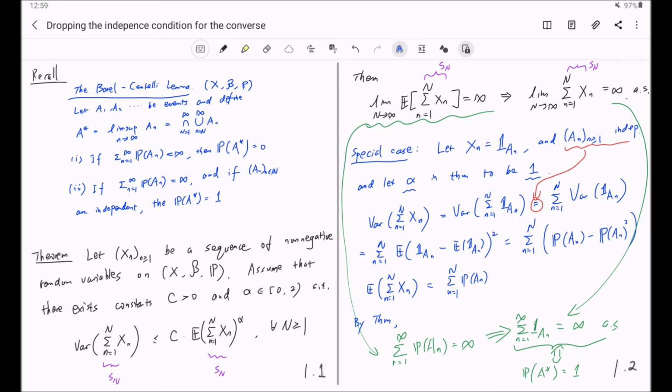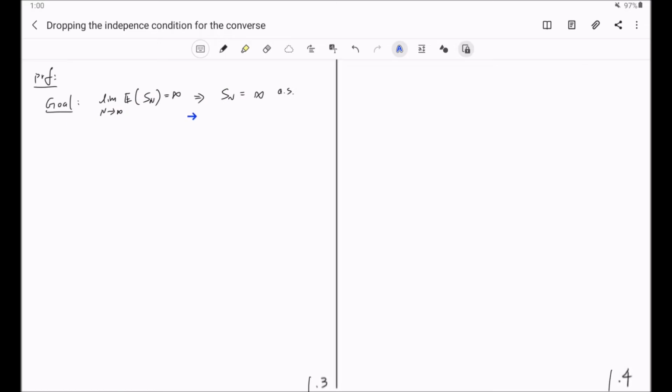Remember, the goal for our proof is that we want to show the divergence of the expectation implies the divergence of the function. So this is what we want to prove. So the idea would be, you know this guy goes to infinity.